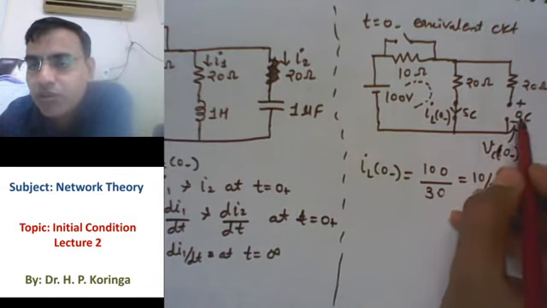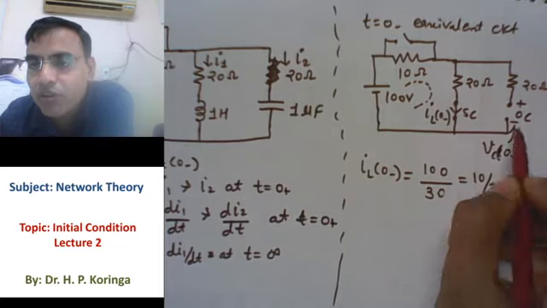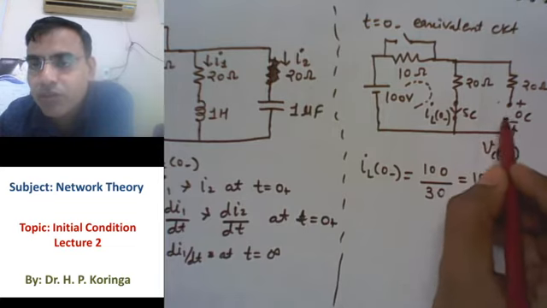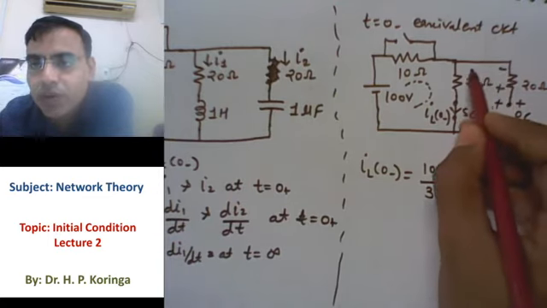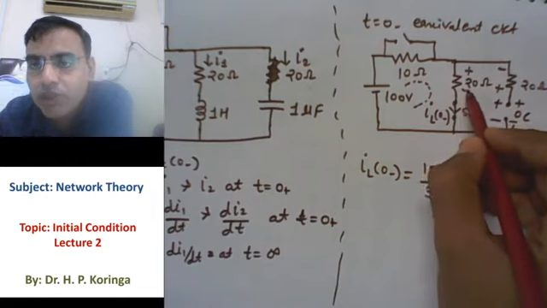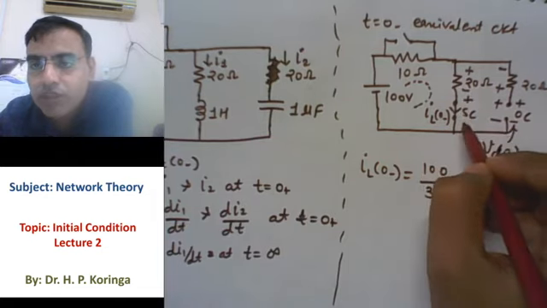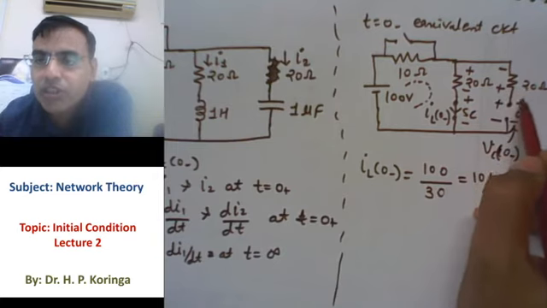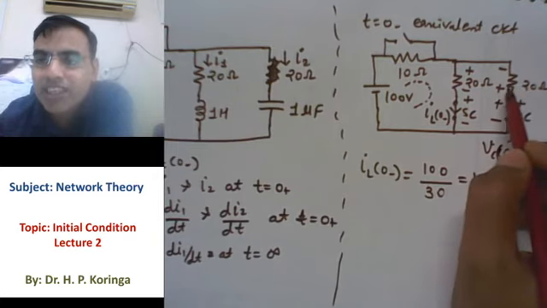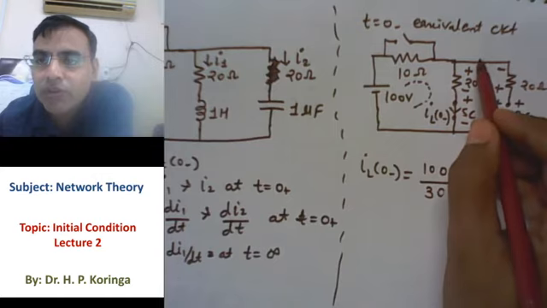Now we also have to find Vc(0⁻), the voltage across this open path. The voltage across it is the voltage across this 20 ohm, plus the voltage across the other 20 ohm, plus the voltage across this short circuit, right? Now what is the voltage across the 20 ohm connected in series with the capacitor? It is 0 because there is no current flowing in this path.